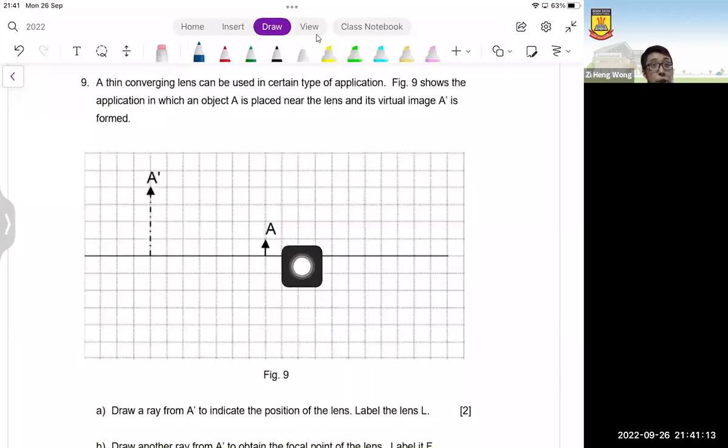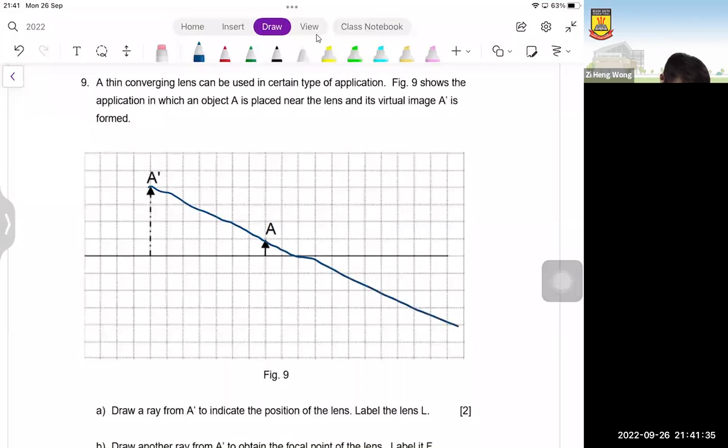We know that any light that comes out from, let's say, the tip of the object, when it focuses, it goes back to there. So I use a ruler, I don't anyhow draw. You use a ruler, yours should be more accurate.